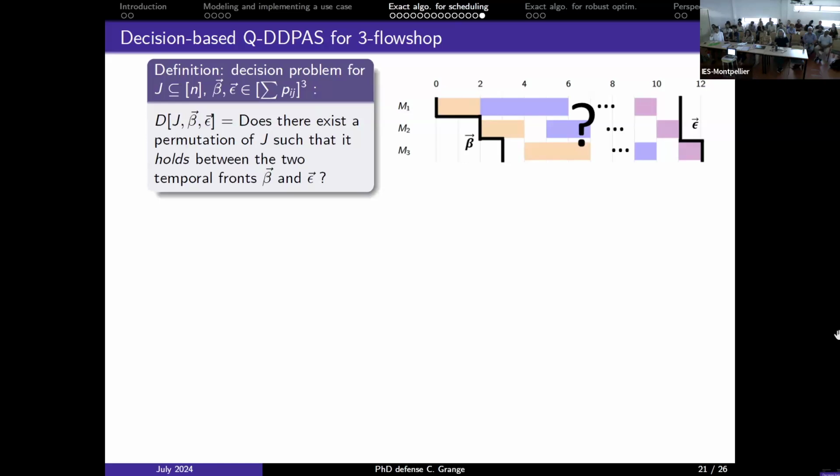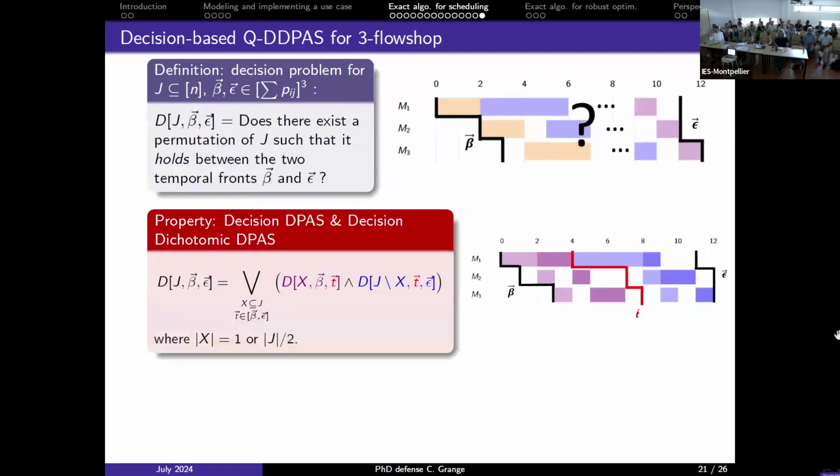For any j, beta, and epsilon, we define this decision problem as follows: there exists a feasible solution of jobs in j such that it holds between the 2 temporal fronts, beta and epsilon. So we want to know if there is a solution where each operation begins after beta and ends before epsilon. So this is the problem on which we will apply the recurrence.